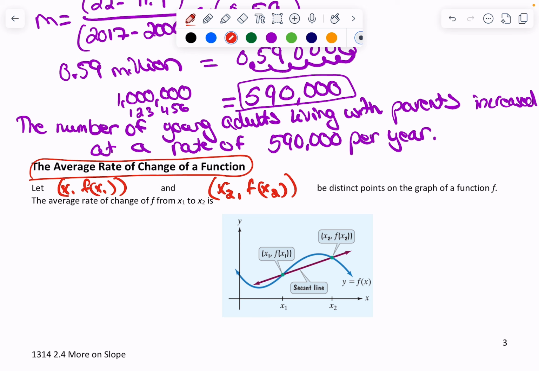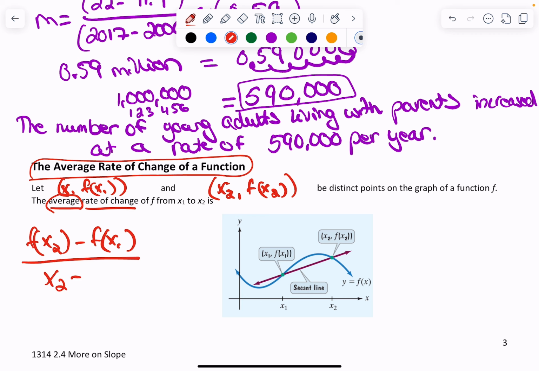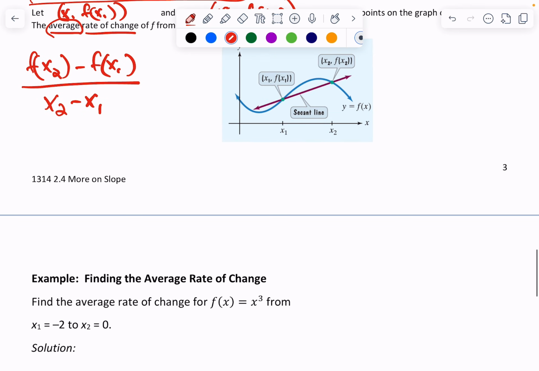The average rate of change of f from x1 to x2 is going to be f of x2 minus f of x1 divided by x2 minus x1. Okay, so let's look at an example, finding the average rate of change.